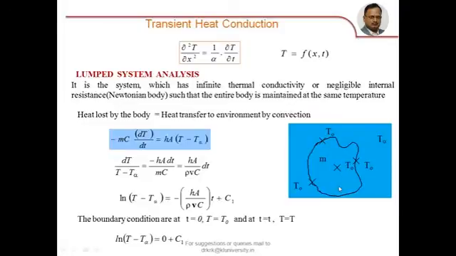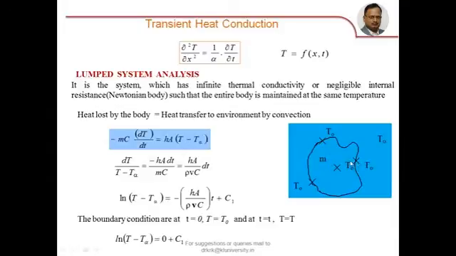So because it is a lumped body, the amount of heat it loses will reduce its heat capacity, and that will enter into the environment by means of convection. So the energy balance equation is: heat lost by the body at any point of time is equal to the heat that enters into the environment by means of convection. So heat lost by the body, if this mass is m and imagine its specific heat is C and the temperature drop is say dT.